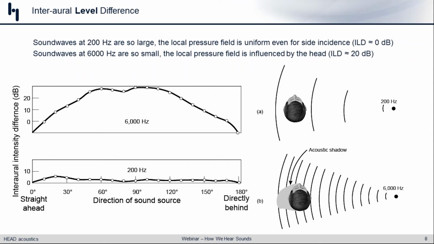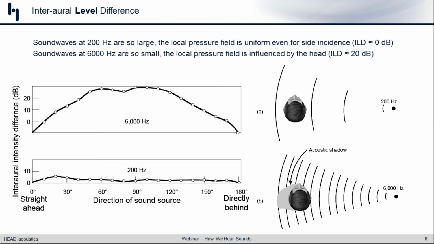Now, if we jump to the next slide and keep all that information in mind, you'll see that for the interaural level difference, it's not quite as straightforward as the ITD, because there are some frequency components that we have to take into account. At very high frequencies, we end up with a shape that looks roughly like what we saw for the ITD.